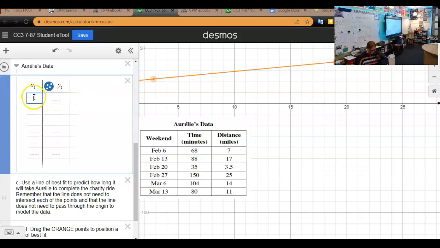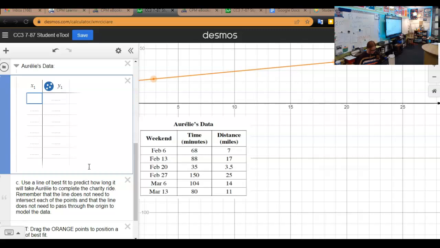If I start typing in numbers, it'll make a scatter plot. But before you do that, you should choose your labels so you know what your X is and what your Y is. Is X going to be your time? Is X going to be your distance? That's up for you to decide. That will impact the equation you end up using.